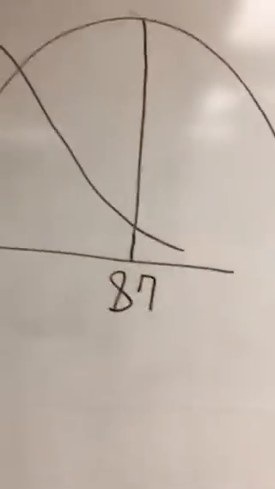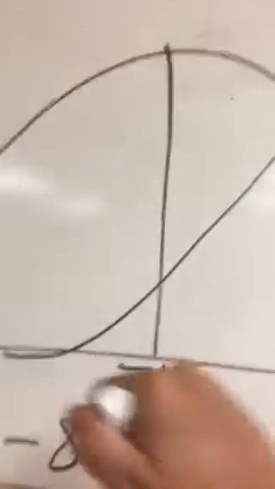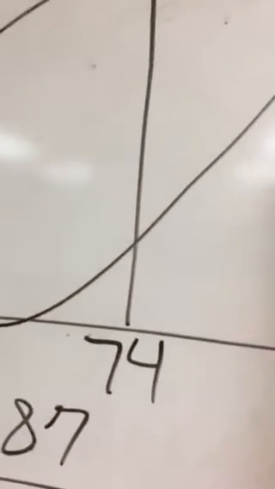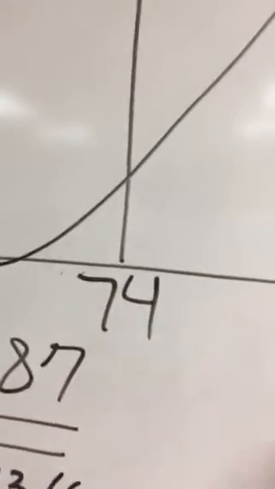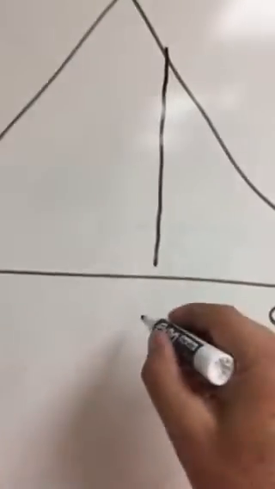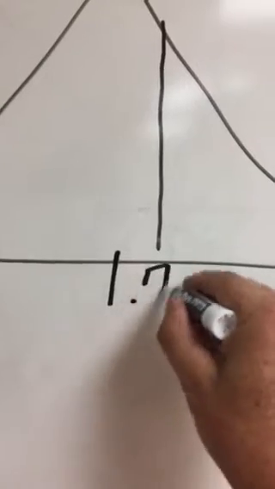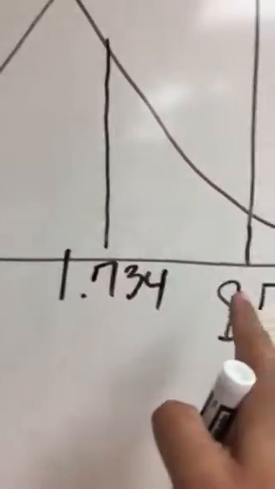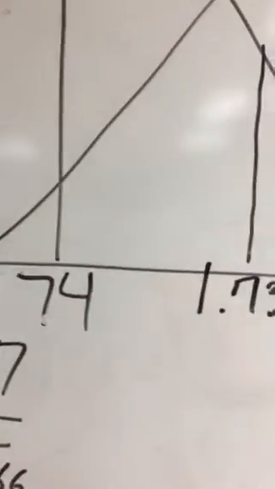So I'm going to move back over here into my original distribution. I'm going to find a value of 1.734 standard deviations away from the mean of 74.